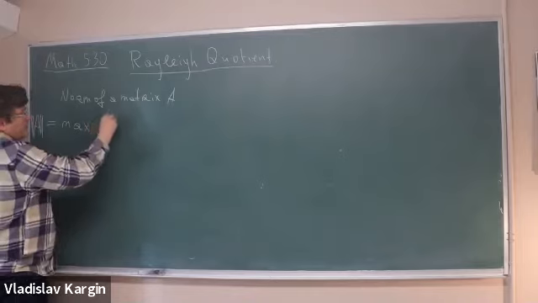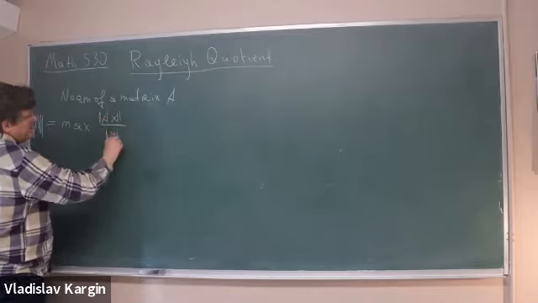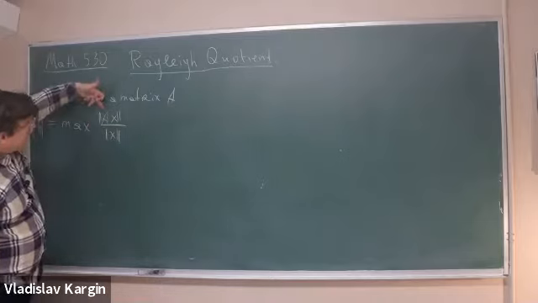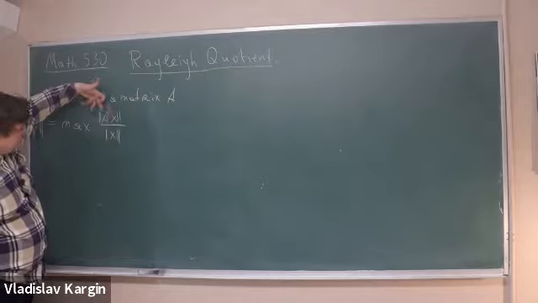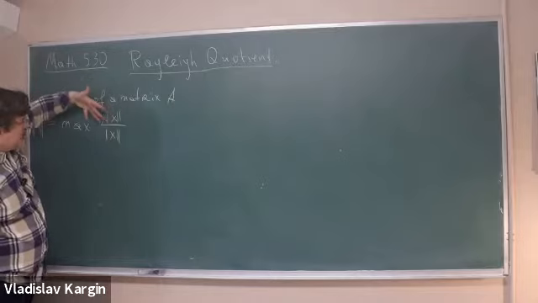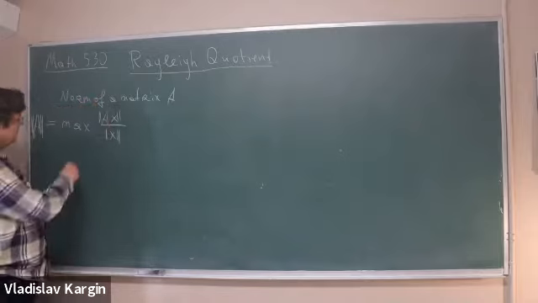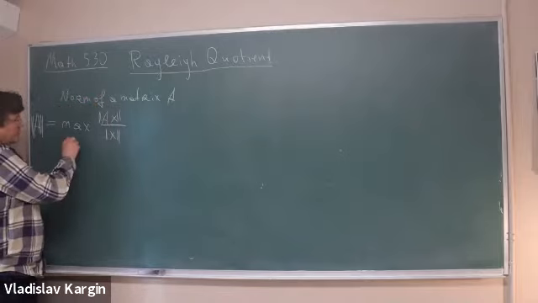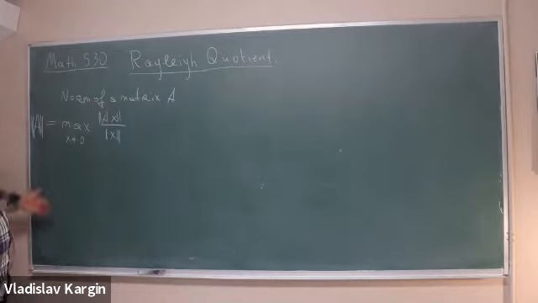So you looked at the vector x, and at the image of this vector under the transformation A. You form the ratio of the lengths: the length of vector Ax over the length of vector x, and maximize over all possible choices of vectors, but assume that x is not the zero vector.